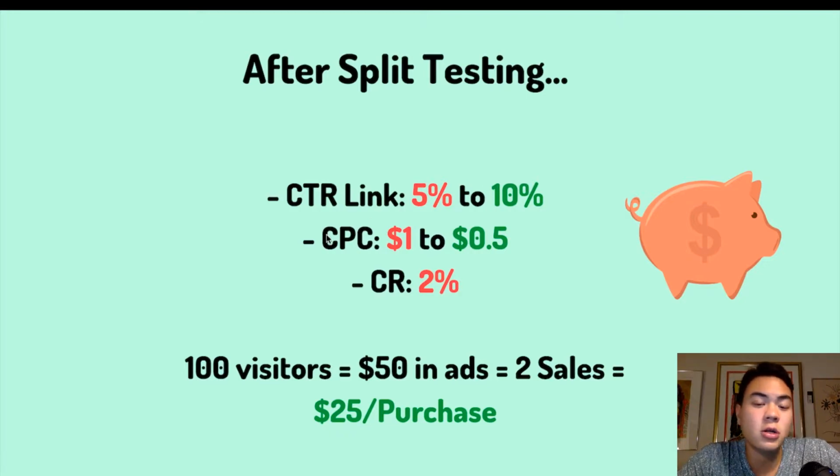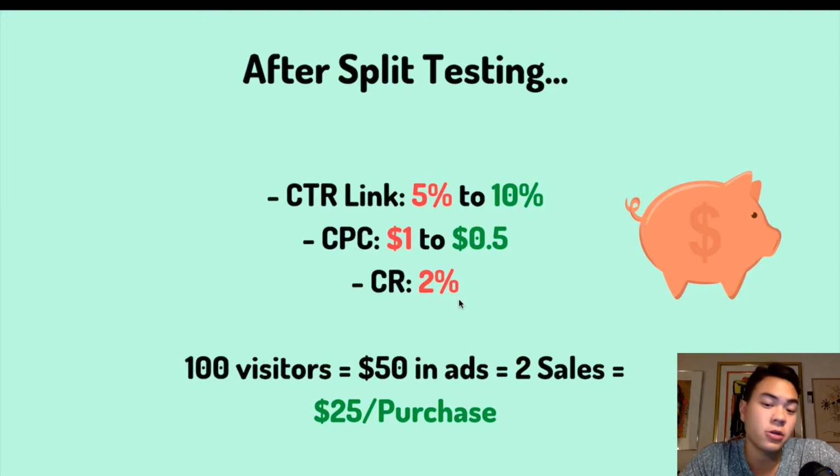That means our cost per click actually decreases by half, because there's twice as many people clicking the ad now. That must mean that the cost per click is going to decrease by half. Our conversion rate on the store is still the same. It's still 2%. It's not something we optimize. We just left it like that.